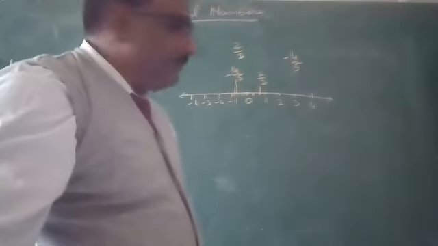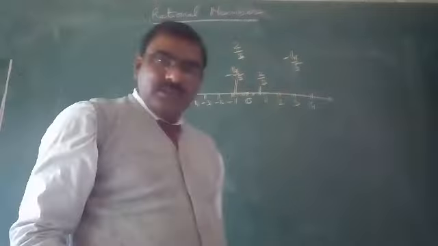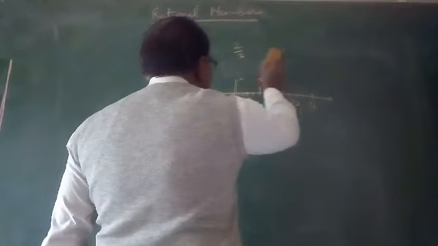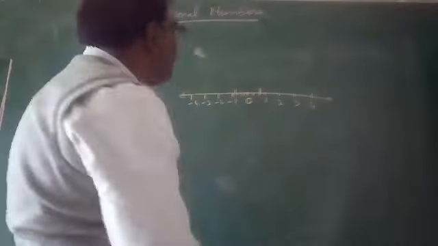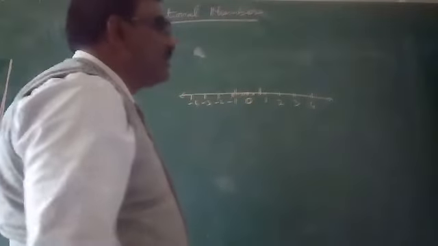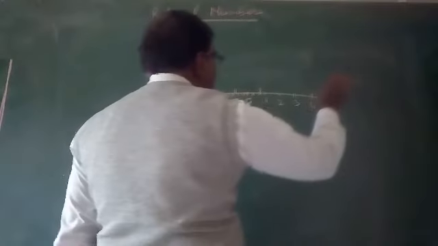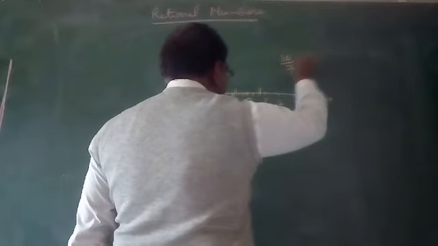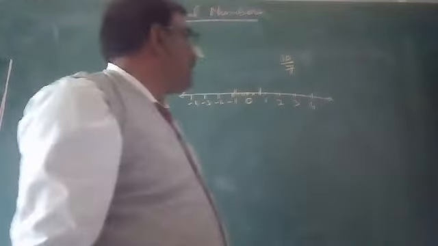But this is the condition where the denominator is greater than the numerator. But when the denominator is less than the numerator, for example, you consider 10 by 7, then where is it located?